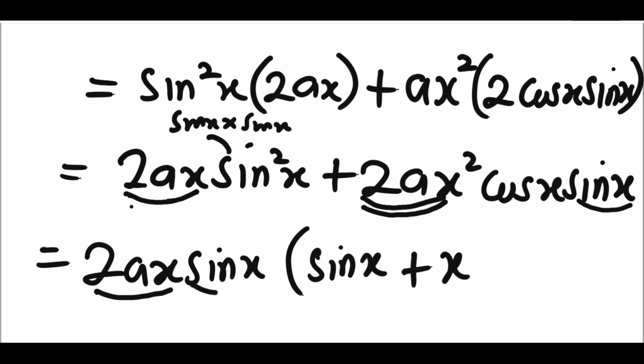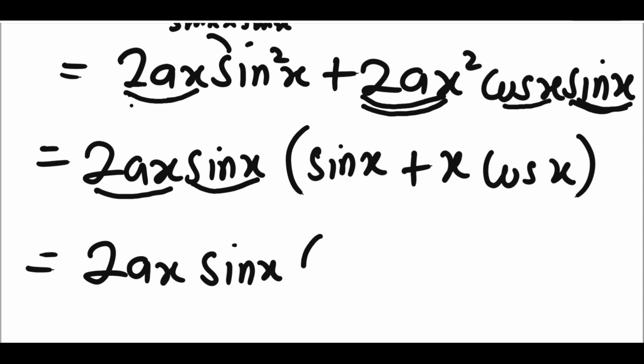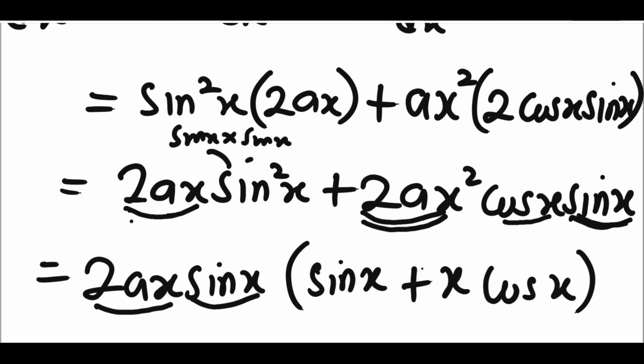Then we use the sine x here to divide the sine x here, and you are going to get 1, and that one will multiply this cos x, so you'll be left with cos x over here. So our answer, dz/dx, is equal to ax sine x multiplied by sine x plus x cos x. All right, so this becomes our dz/dx.